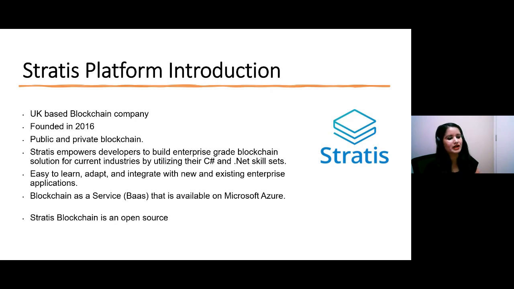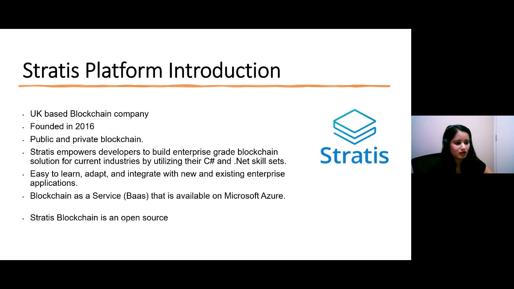Stratus provides both public and private blockchain solutions. Stratus empowers developers to build enterprise-grade blockchain solutions for current industries by utilizing their C# and .NET skill sets. Our blockchain is easy to learn, adapt, and integrate with new and existing enterprise applications.